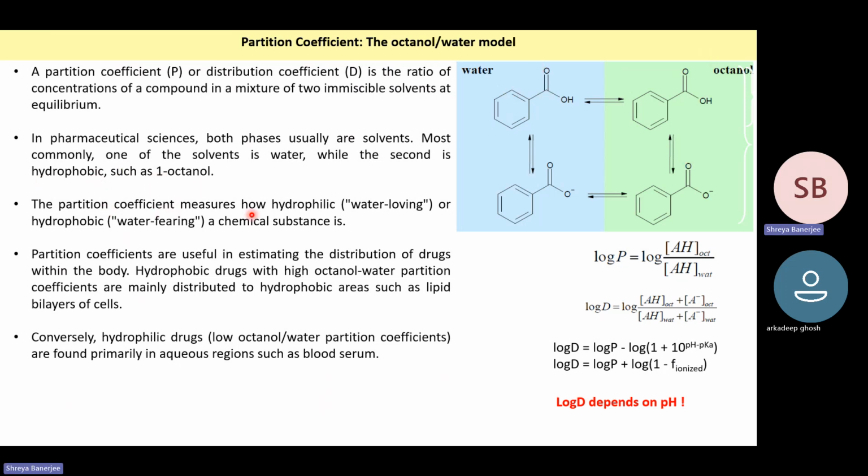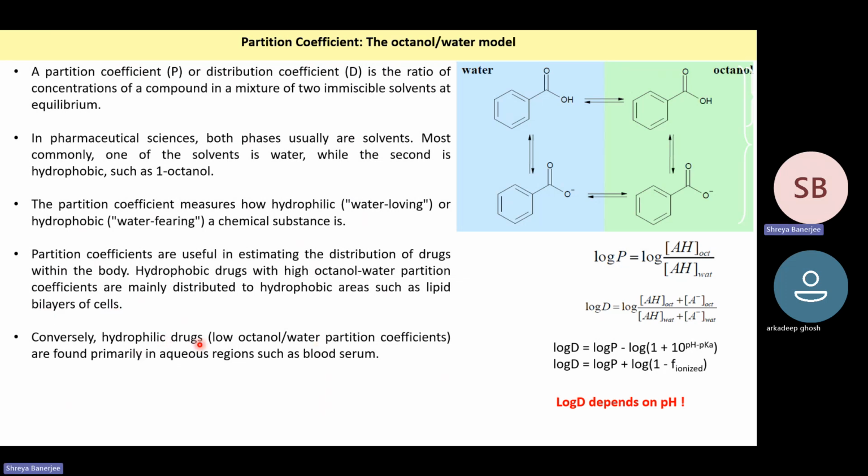The partition coefficient measures how hydrophilic the substance is, meaning whether it will majorly remain in the water phase, or how hydrophobic the substance is, meaning if it will majorly remain in the hydrophobic phase. So these partition coefficients are useful in estimating the distribution of drugs within the body. Hydrophobic drugs with high octanol-water partition coefficients are mainly distributed to hydrophobic areas such as lipid bilayers of cells.